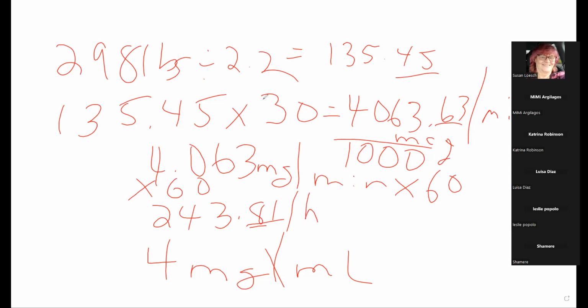Okay, milligrams per hour. So now our milligrams is going to cross out, right, to leave us with mLs per hour. We're going to take our 243.81 and divide that by 4. And then, of course, you would multiply times 1, which would give you the same answer, right? So you should have got 60.95.